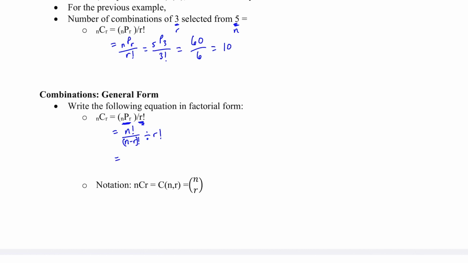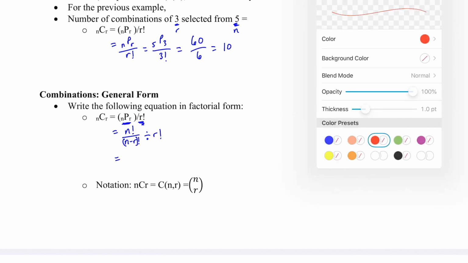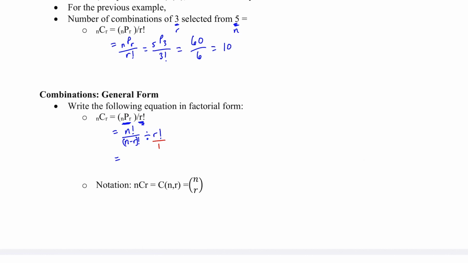Okay, well, if you're dividing by r factorial, we can think of that as multiplying by its reciprocal. So the reciprocal of r factorial is to switch this and do 1 over r factorial. So we have n factorial over n minus r factorial times 1 over r factorial.